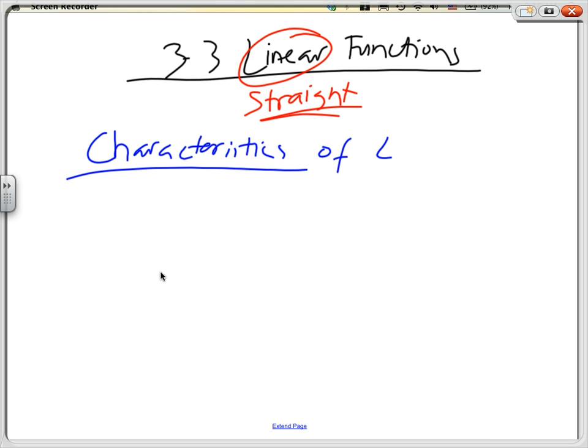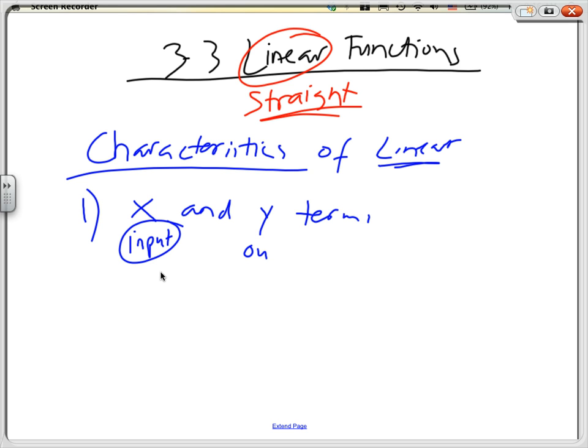First of all, the x and y terms, or should I say the input and output terms, they all have first degree power.